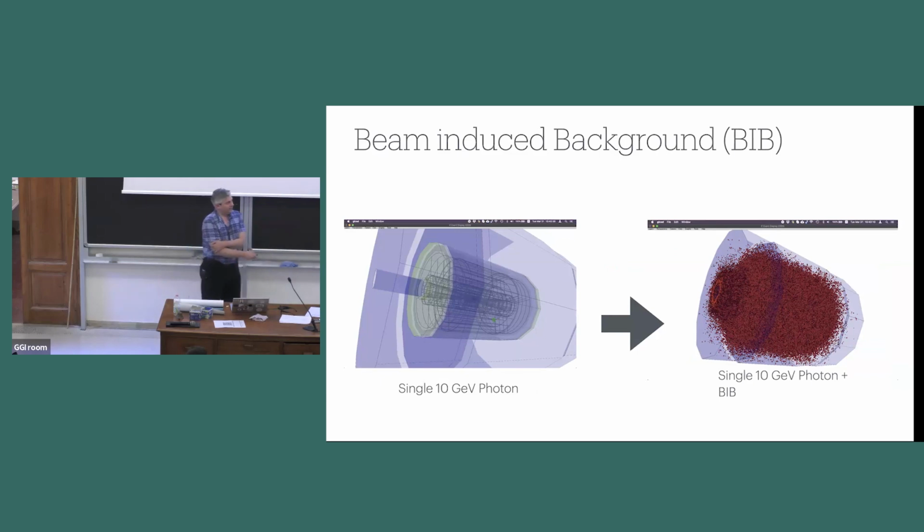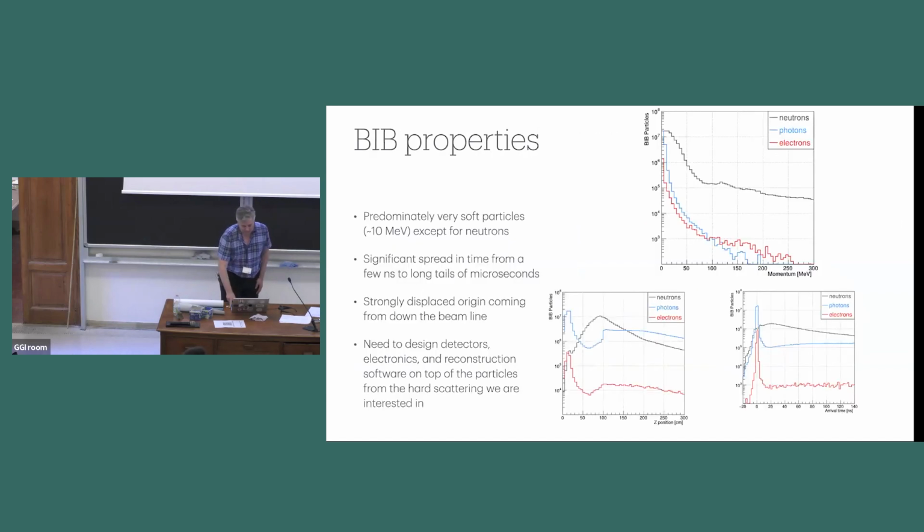But unfortunately, because of all of those background particles that we get from the beam-induced background, we also have all of this soft energy deposition distributed everywhere in the detector. So we're going to have to think of a way to see this component on top of those background particles.